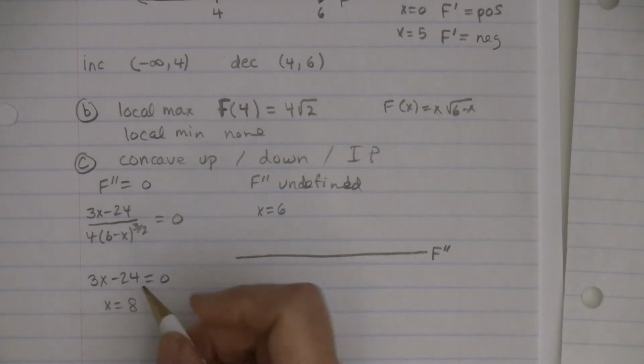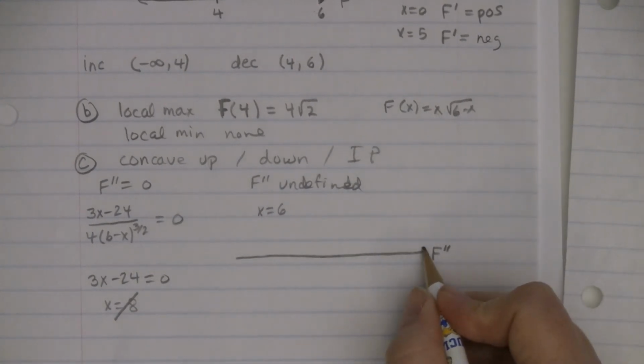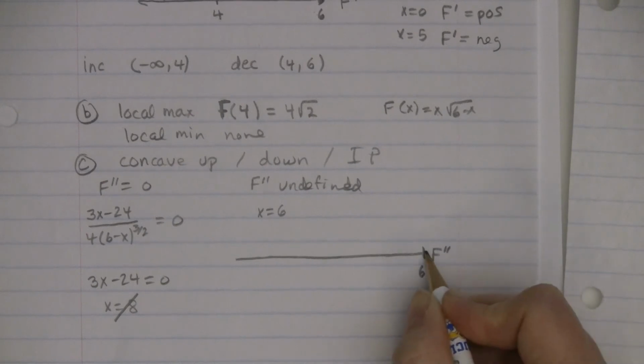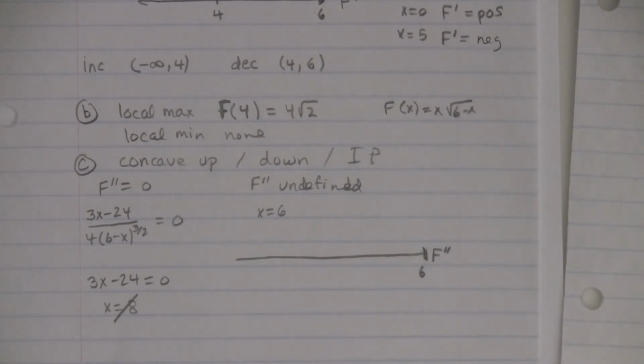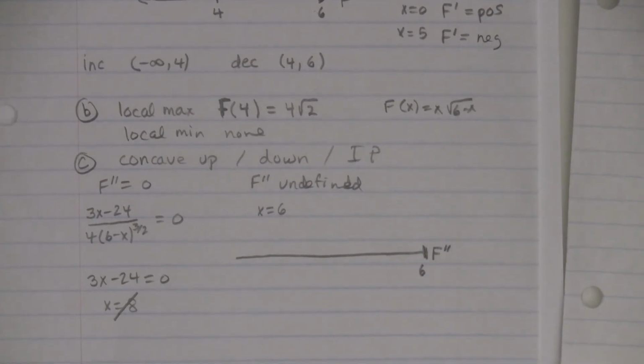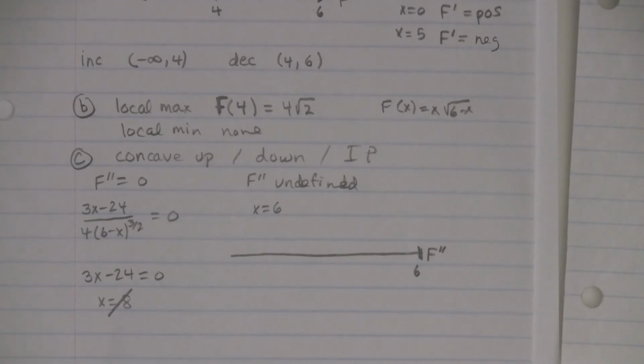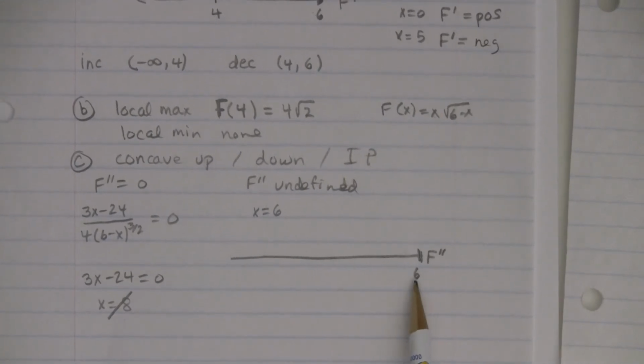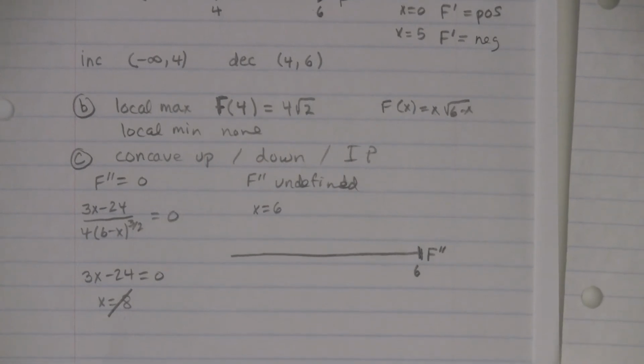Yeah, that's not in my domain. I've got to cross that out, so I only have 6 on here. Remember, I always forget about my domain and to check it. When I was going to put this on the number line, I was like, wait a minute, what's going on here? And then I had to think about it. Now I only have one region.